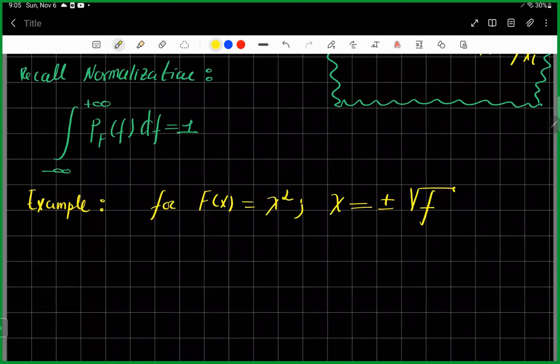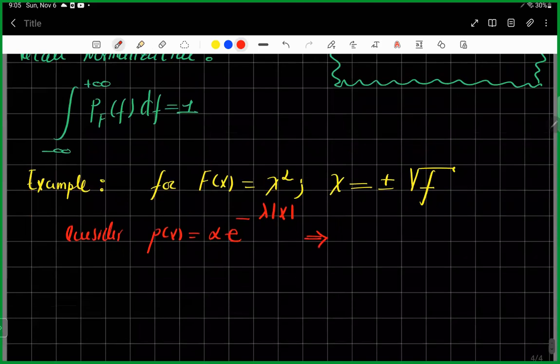Very good. Now, consider p of x equals alpha times e to the minus lambda absolute value of x, and let's plot this. Besides knowing f of x, we actually have to know the probability distribution for small x.